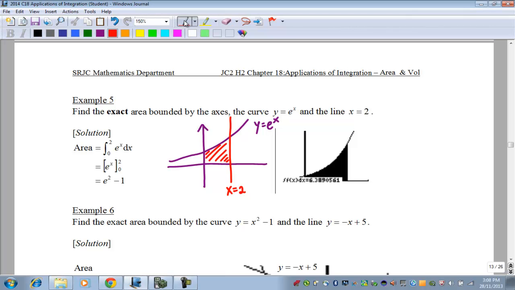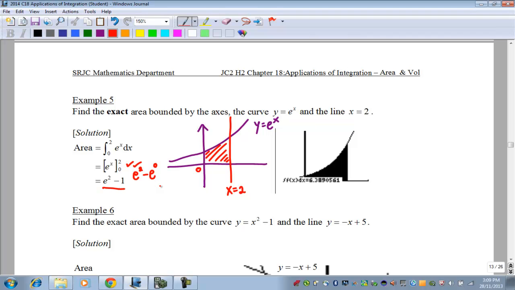To find the area of this shaded region, all I need to do is to integrate from 0 to 2 of e^x. It turns out that we will have this answer here. Substituting the value of 2 minus the case when substituting the value of 0, we end up having e squared minus e to the power of 0, which gives us this answer.